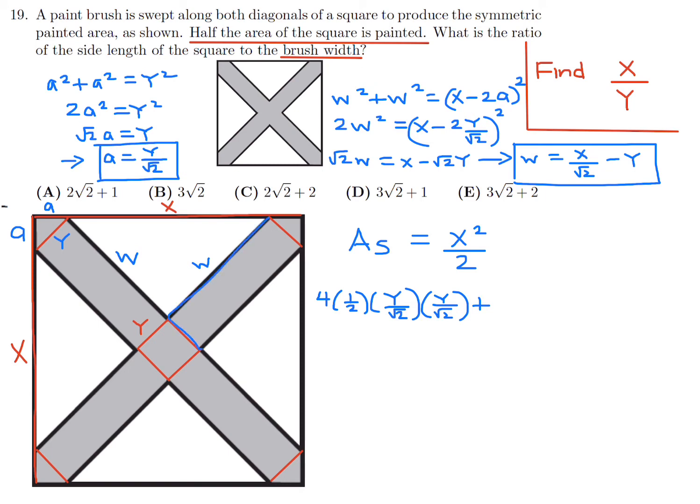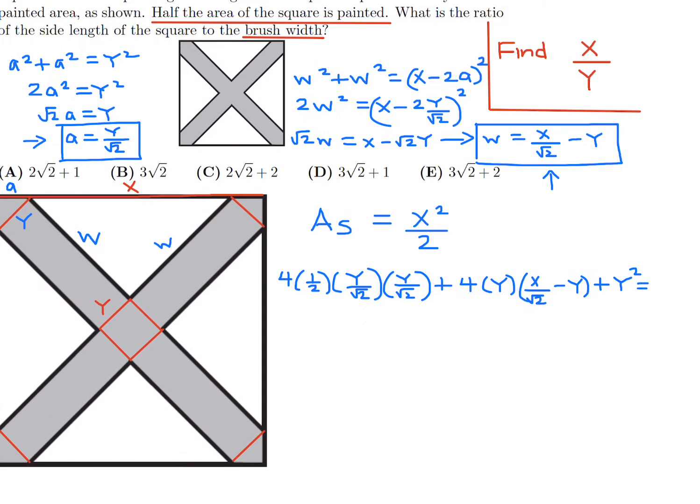Now we have to add 4 of these rectangles, correct? That one, this one, and this one. So 4 of those guys. So again, 4 times length times width, Y, and then W. But instead of W, I'm going to put this, because I want everything in terms of X and Y: X over root 2 minus Y. And then finally, I've got to add this square in the middle, and that's just Y squared.